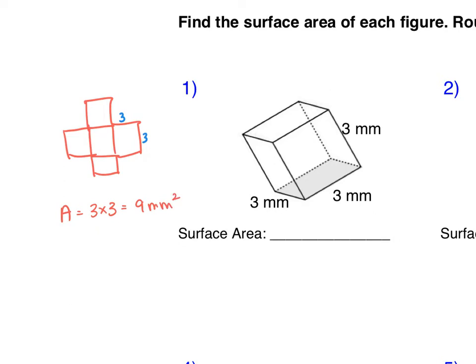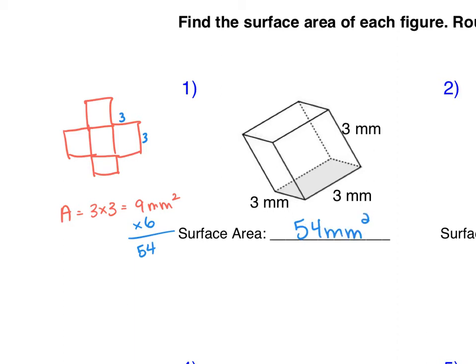And when I look at this cube, I know that I have 6 identical faces that are each 9 millimeters squared. So all I need to do is take 9 millimeters squared, multiply it by 6. 9 times 6 is 54. So my surface area of this cube is 54 millimeters squared.